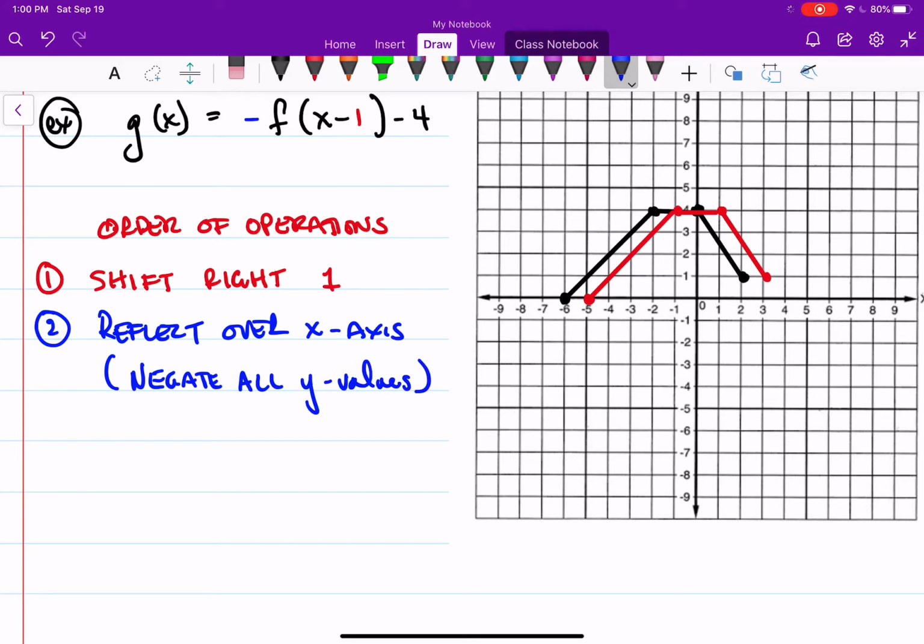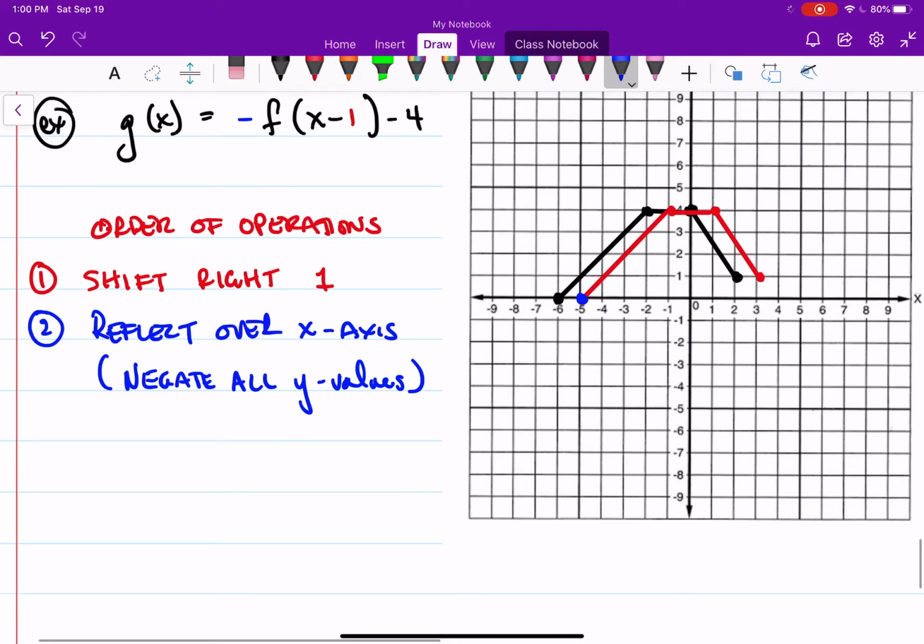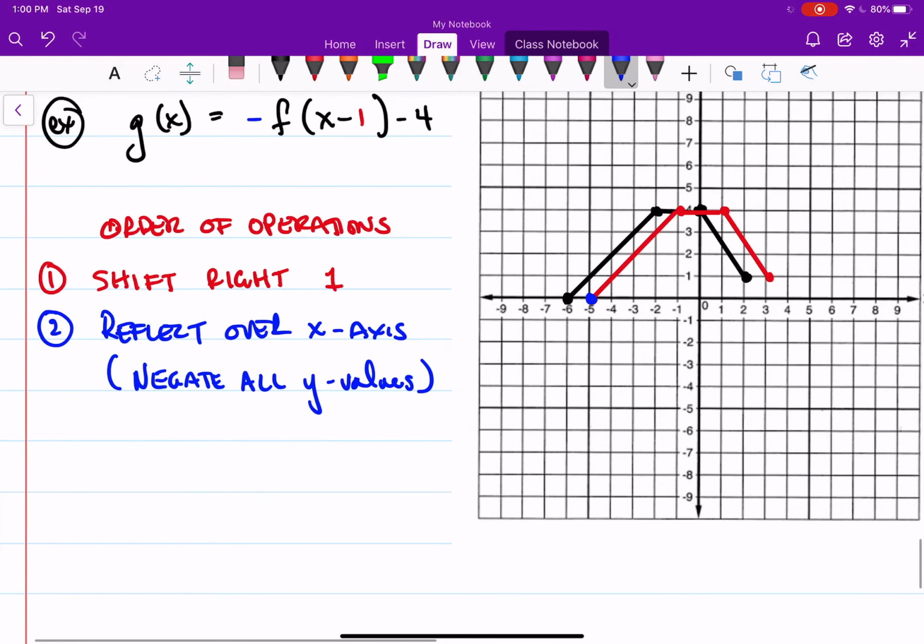Okay? So if I take all the y values and negate them, where are they going to be? Well, this y value is 0, so it stays 0. This y value here is negative 1, 4. So it's now negative 1, negative 4. This one is 1, 4. Now it's 1, negative 4. And this is 3, 1. Now it's 3, negative 1.